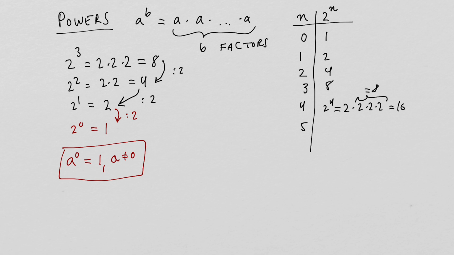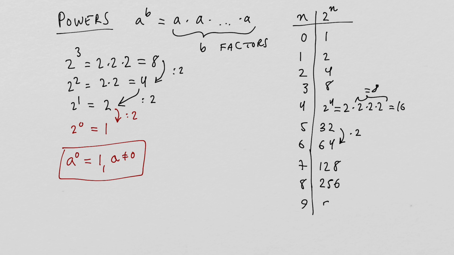Multiplying 16 by 2 we would get 32. Multiplying 32 by 2 would give 64. 64 times 2 would give 128. Multiplying that by 2 would give 256.